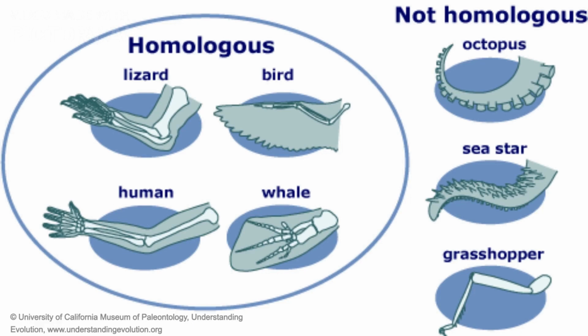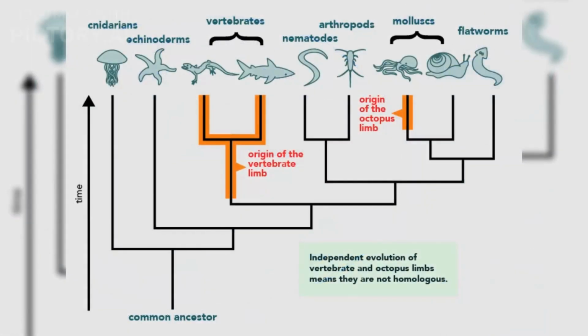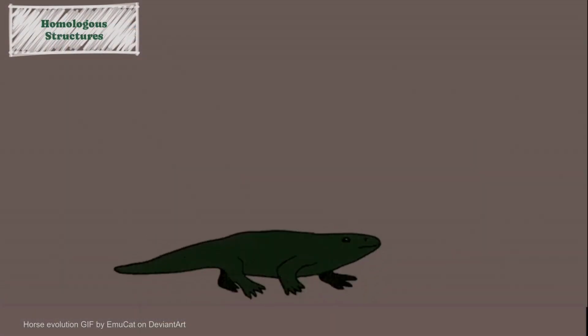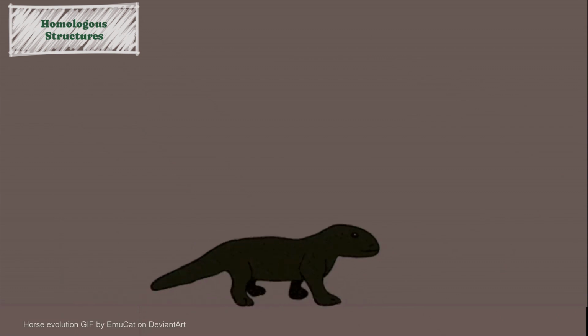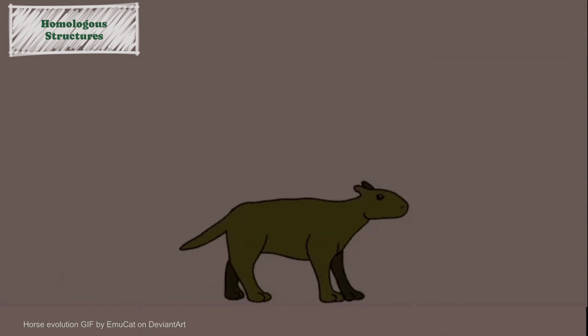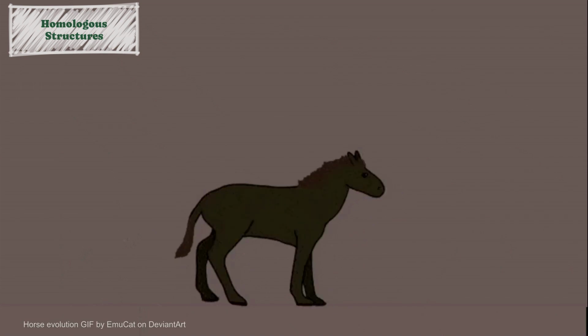By comparing the similarities and differences in these structures, scientists can trace the evolutionary relationships among different species and gain insights into their shared ancestry. Homologous structures provide compelling evidence for the theory of evolution by demonstrating the presence of inherited similarities in different species.